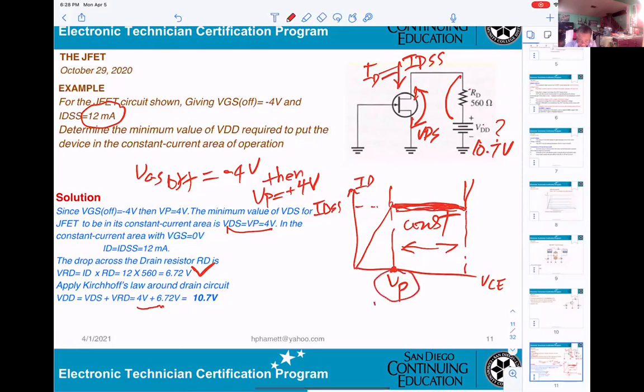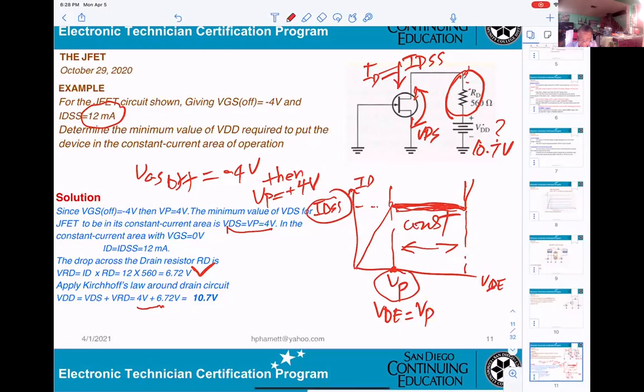That means VDS must be equal to VP, and also the current must be equal to IDSS. That's why they calculate the voltage drop across RD with the current IDSS.